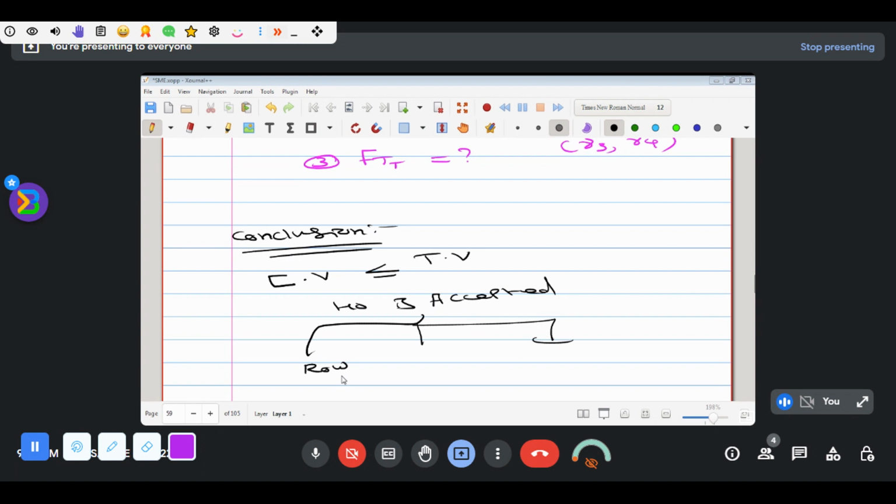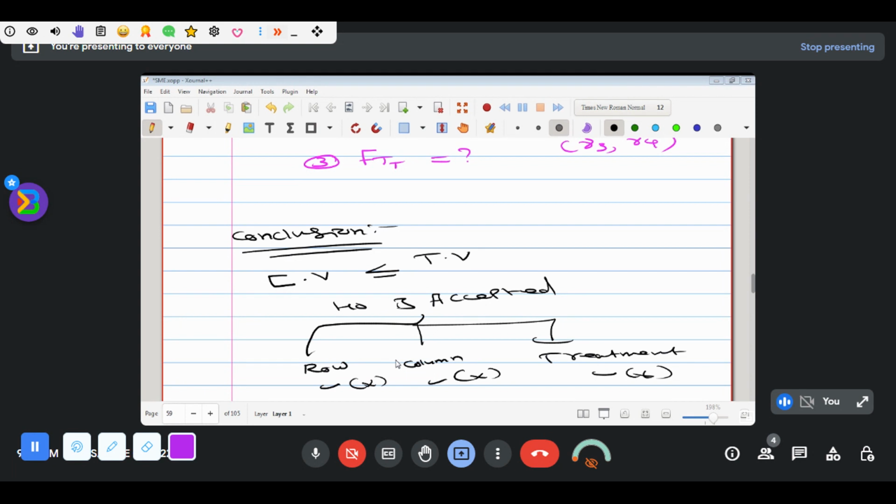Row wise, accepted or not. Column wise, accepted or not. And treatment wise, accepted or not. Please check accepted or rejected and complete your work in the conclusion.